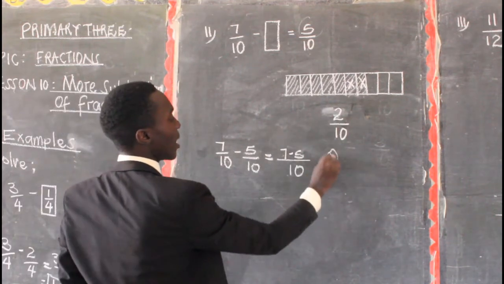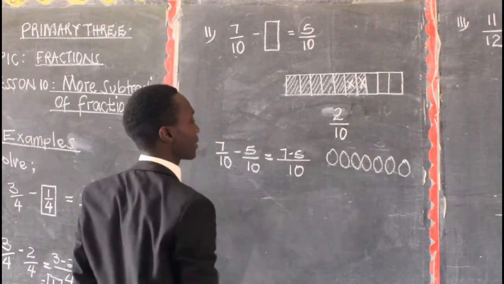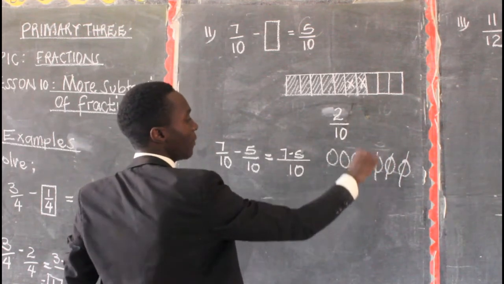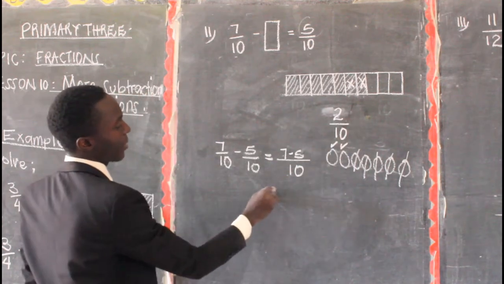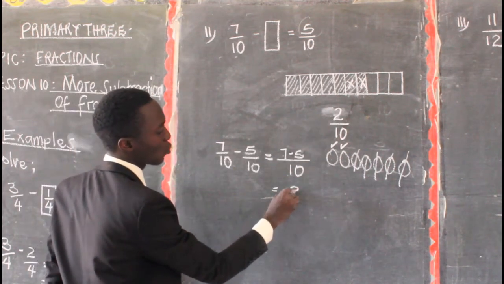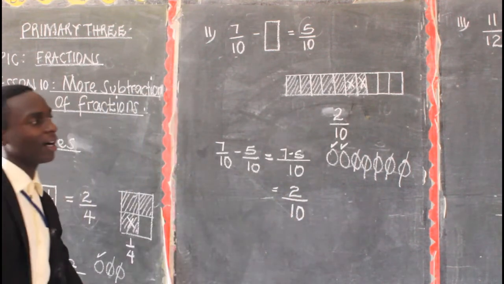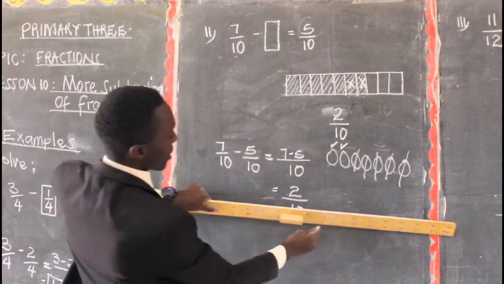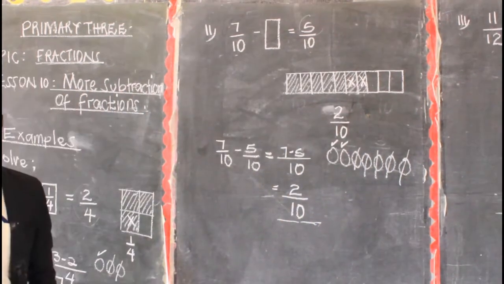Let us count. 1, 2, 3, 4, 5, 6, 7. Subtract 5. 1, 2, 3, 4, 5. What do you remain with? 1, 2. So here, the answer is 2 out of 10. So it means that if you use this method, the answer is right, and our Dale method already told you to calculate that number.